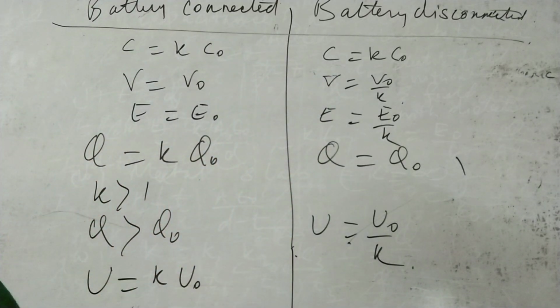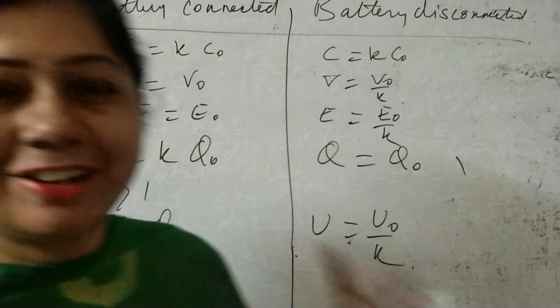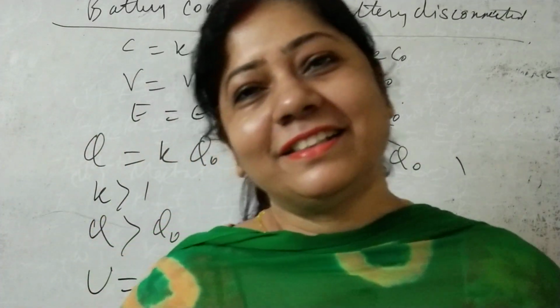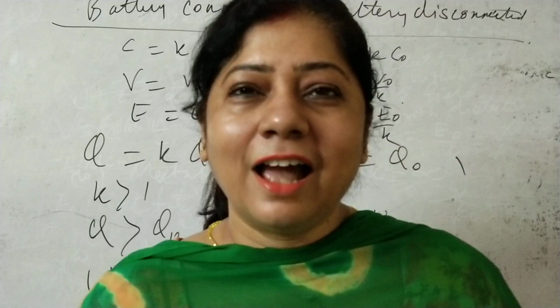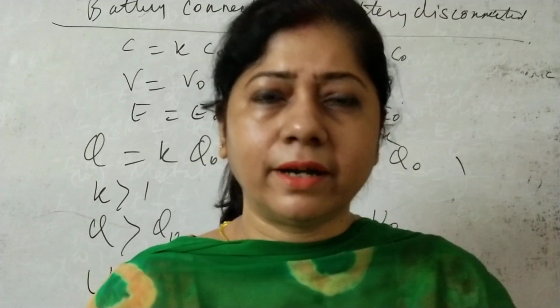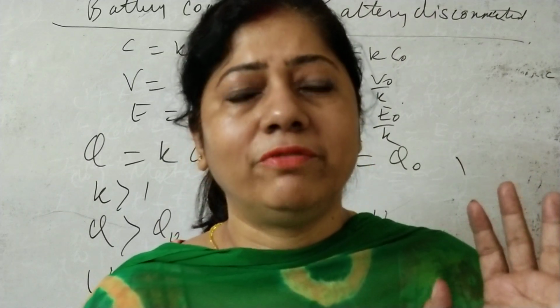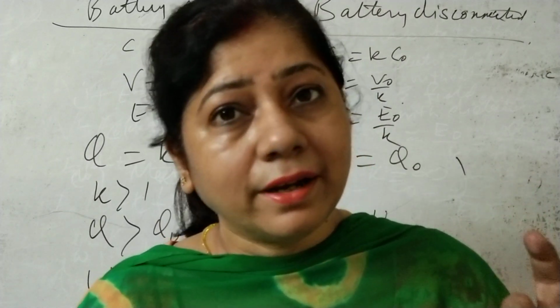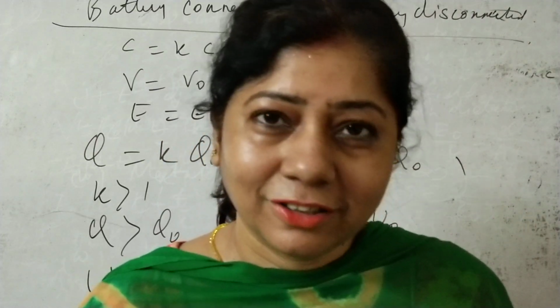I hope things are very clear, because this is very important for you to understand what happens when the battery is connected and when it is disconnected, because you get many questions based on this and you get confused. But remember the one thing that I would advise: when the battery is connected, the potential difference is the same, but what changes is the charge.